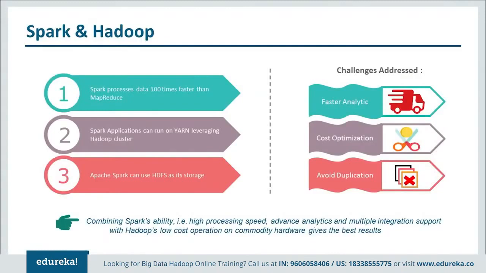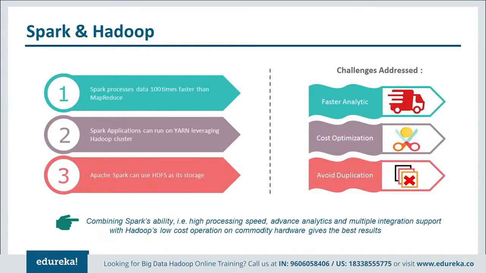You can see the first point: Spark processes data 100 times faster than MapReduce, so it gives us results faster and performs faster analytics. The next point is Spark applications can run on Yarn leveraging the Hadoop cluster, and you know that a Hadoop cluster is usually set up on commodity hardware, so we are getting better processing but using very low cost hardware.